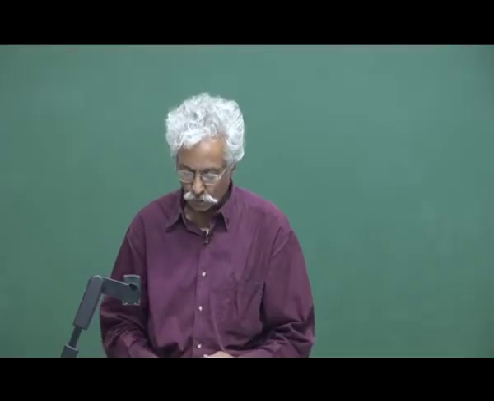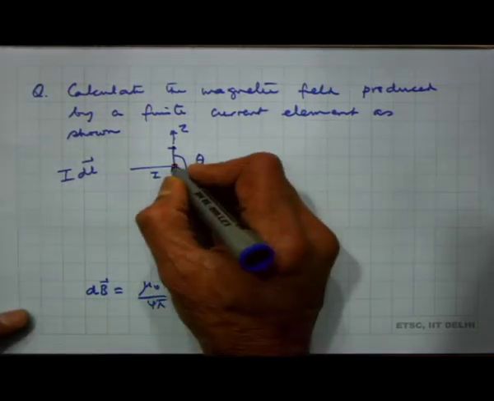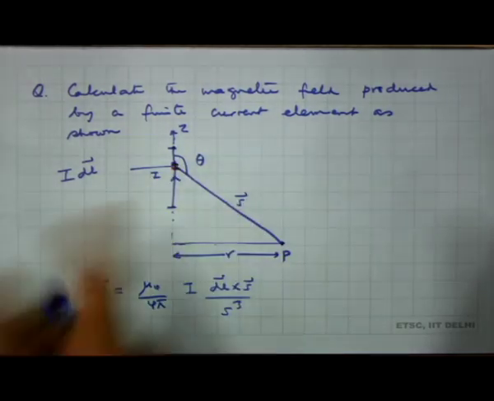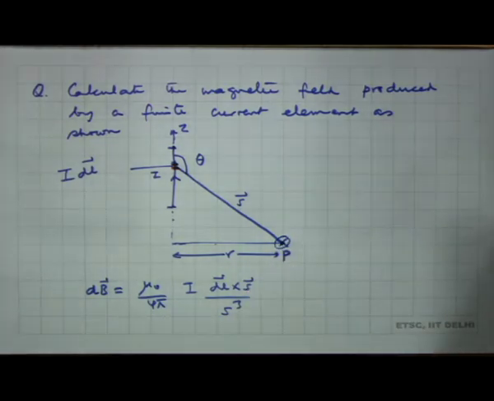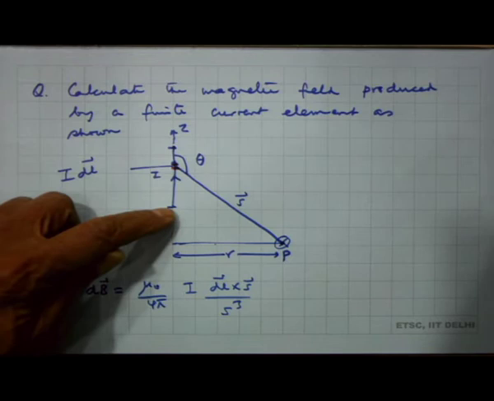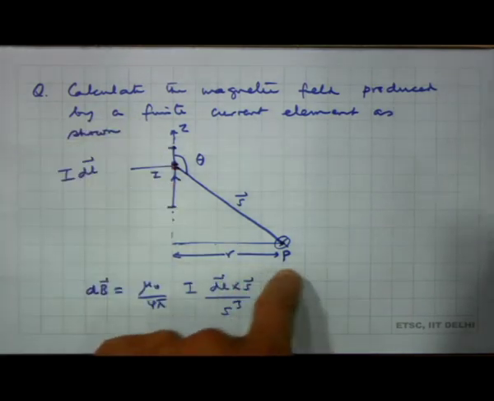Now, the first thing that we must notice is dl cross s. The dl vector is pointing upward, s vector is pointing here. So, dl cross s is pointing inwards. So, the magnetic field produced by this is pointing into the paper, and all current elements from here to here have a magnetic field pointing into the paper.